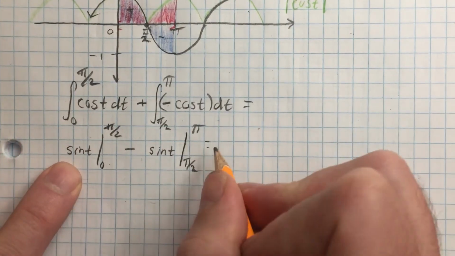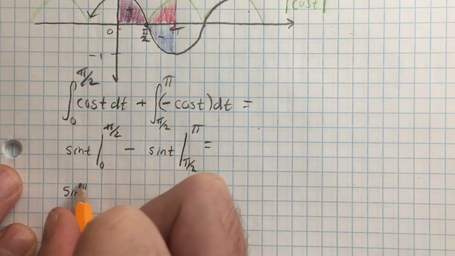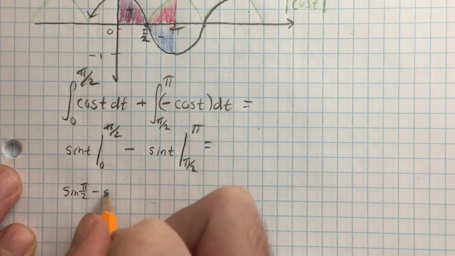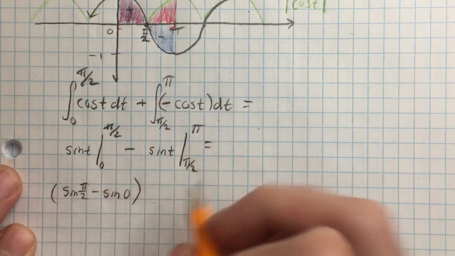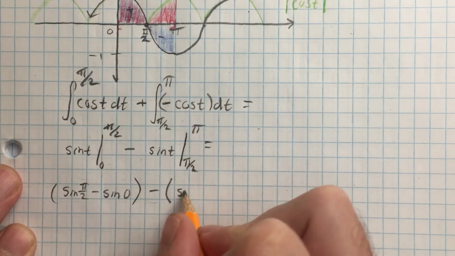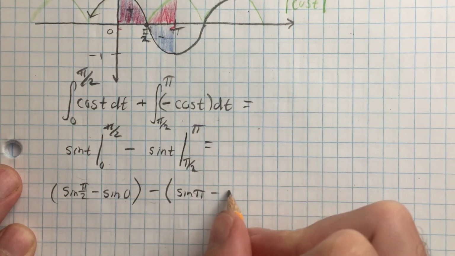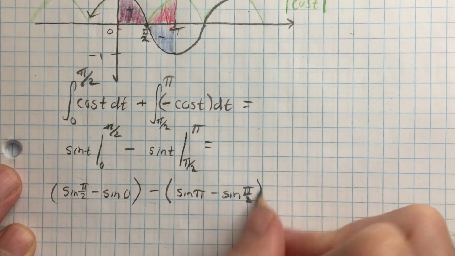So here we have sine t, so we have sine of pi on 2 minus sine of 0. Okay, so that's the first one, minus the same basic thing with different limits of integration. We'll have sine pi minus sine pi on 2. So look what happens.